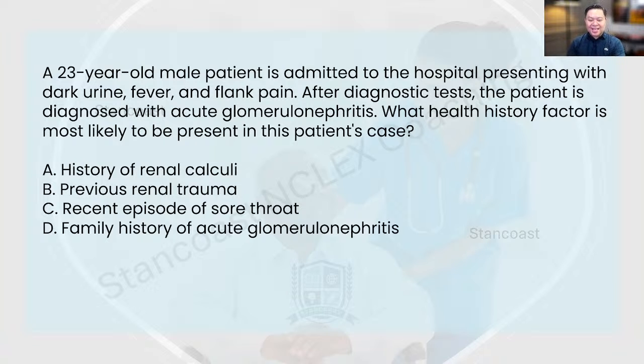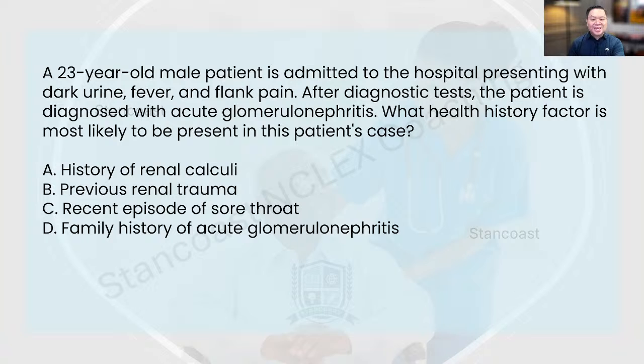After diagnostic tests, the patient is diagnosed with acute glomerulonephritis. So what health history factor is most likely to be present in this patient's case? Is it A, history of renal calculi? Is it B, previous renal trauma? Or is it C, recent episode of sore throat? Or D, family history of acute glomerulonephritis?